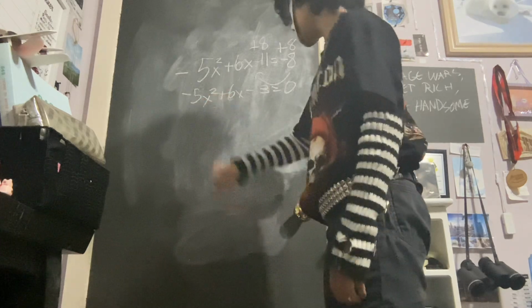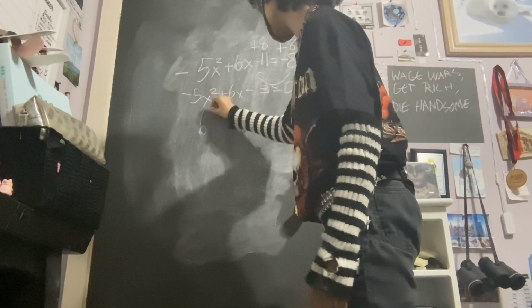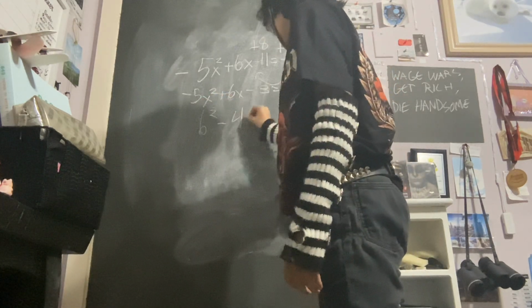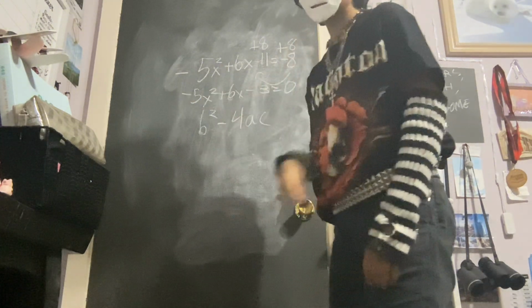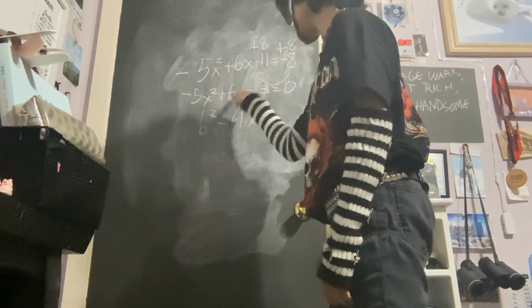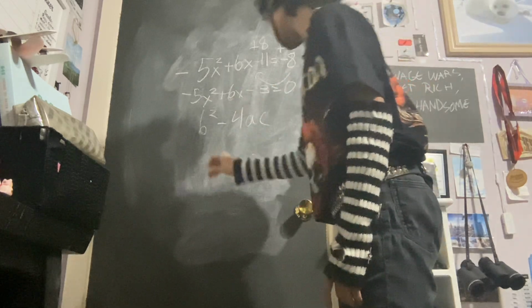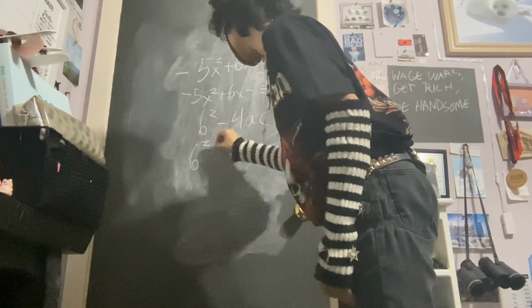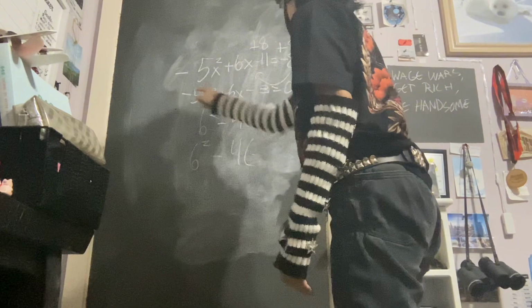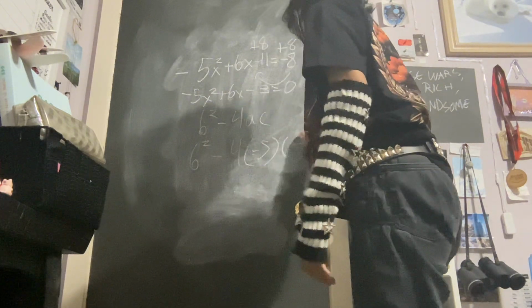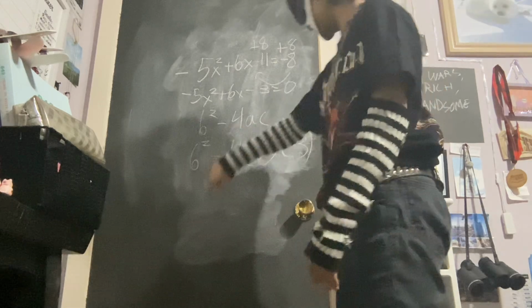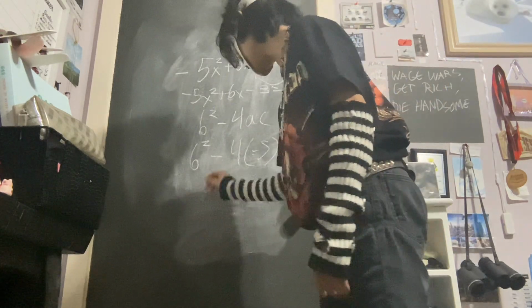Take your formula again, and then you're going to want to label, for the sake of time, A, B, C. It's going to be 6 squared minus 4 times negative 5 times negative 3.